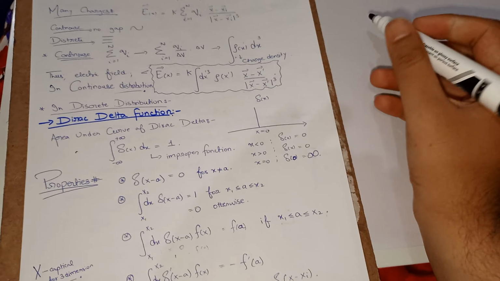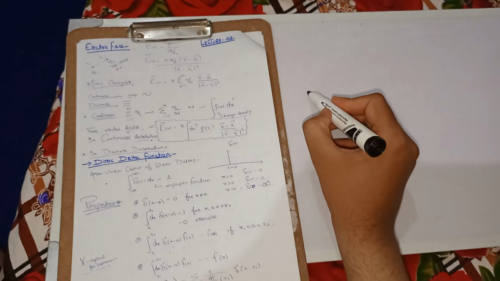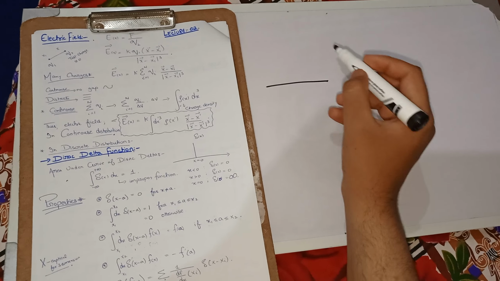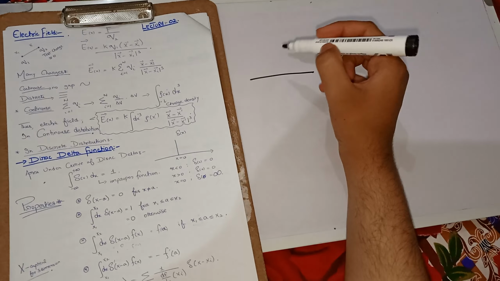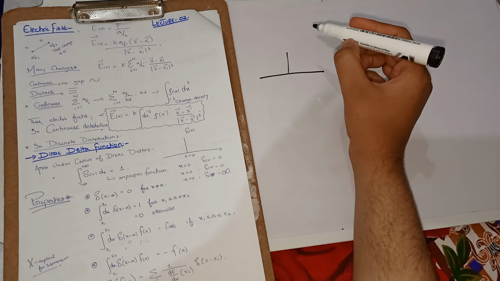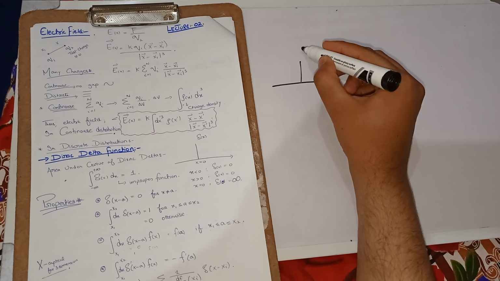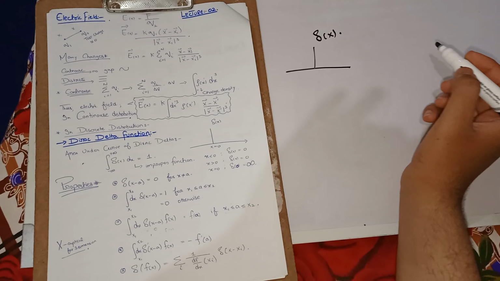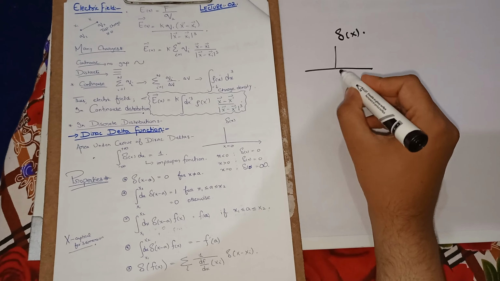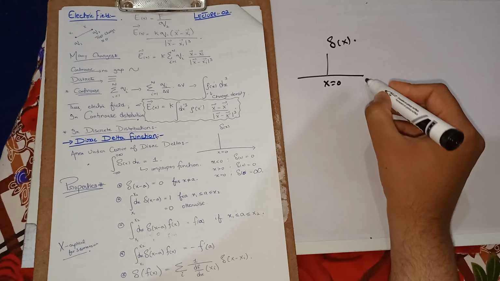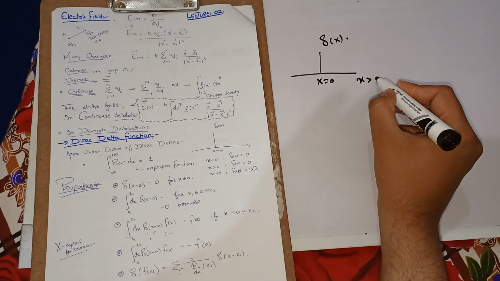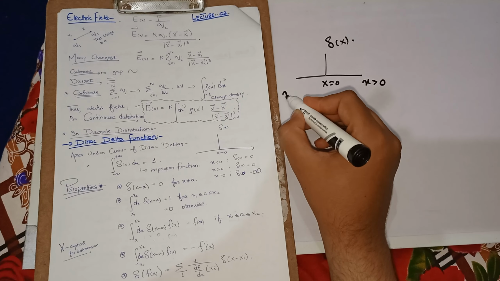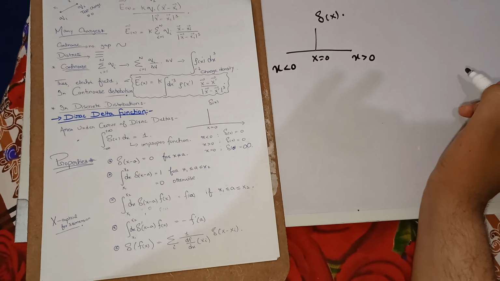The Dirac delta function is basically, you know, if this is a field, and there is a bump, that bump is basically delta x. The bump is at x equals 0, here x is greater than 0, and here x is smaller than 0.